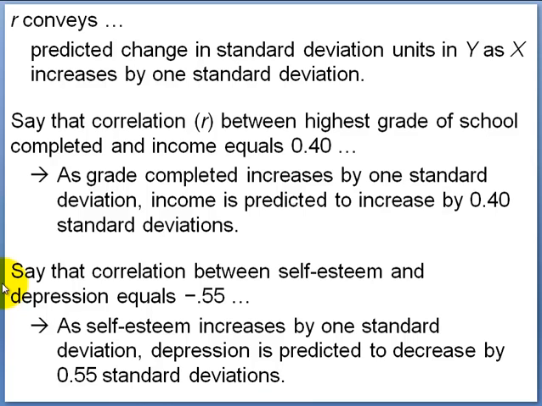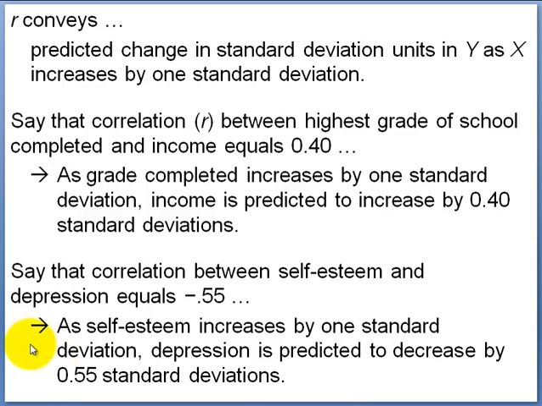So this conveys to you as self-esteem increases by 1 standard deviation, depression is predicted to decrease by 0.55 standard deviations. The correlation here is negative, and so we predict a decrease.